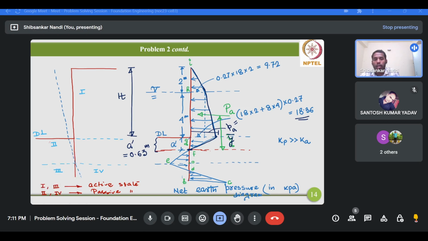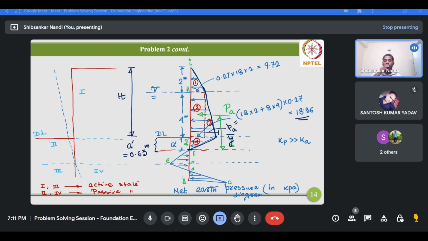Suppose this is component 1, this is component 2, then this is 3, and this is 4.